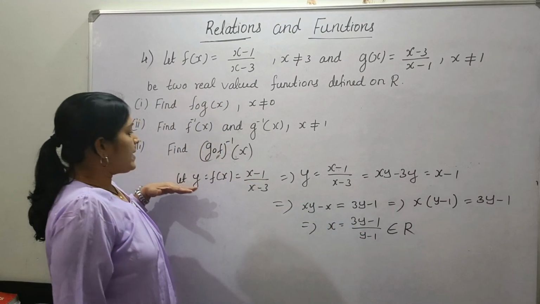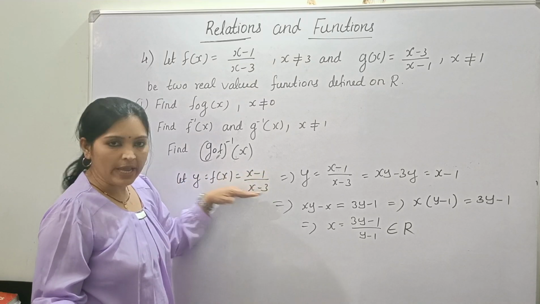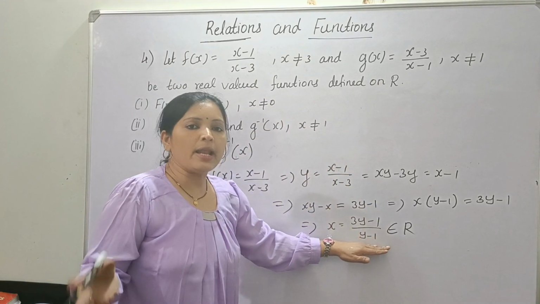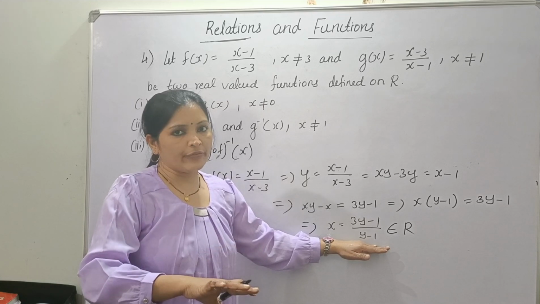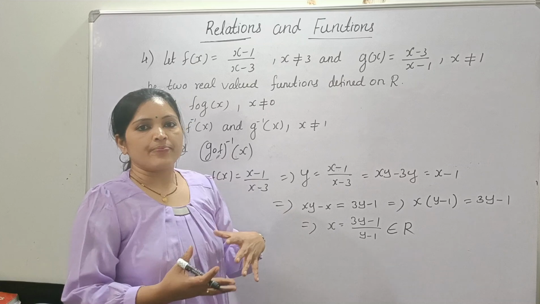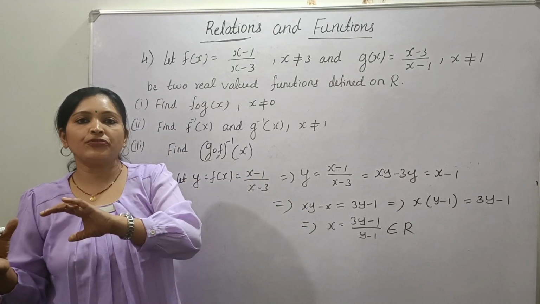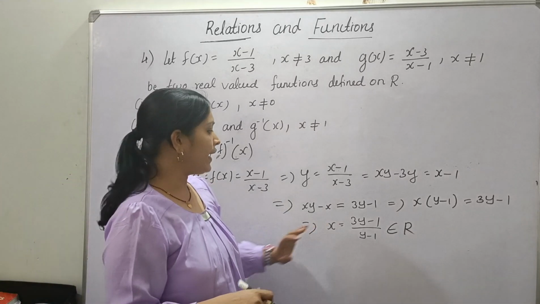Here, see, y is an element from the codomain, that is x minus 1 by x minus 3 is an element from the domain of the function f. Therefore, f inverse of x is also an element from the domain, right?